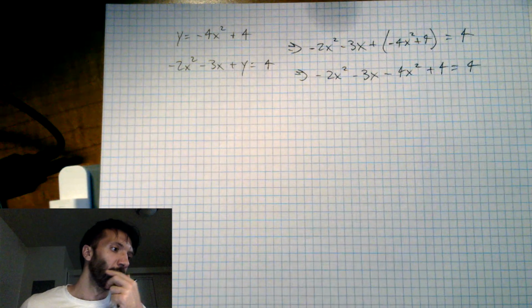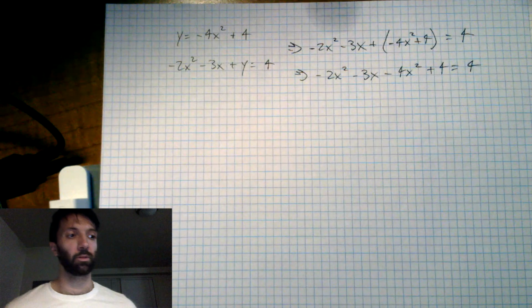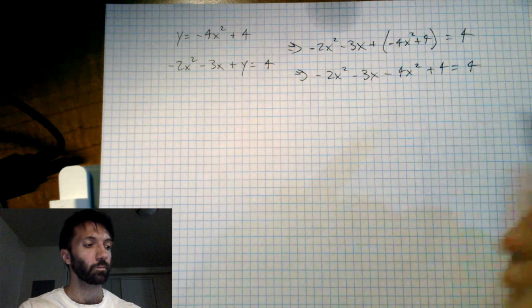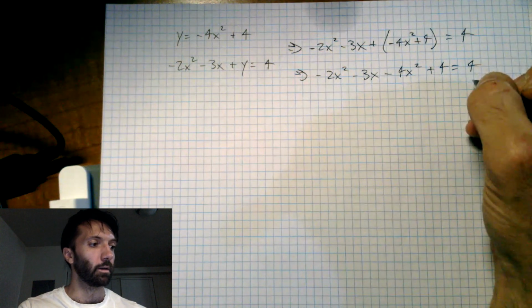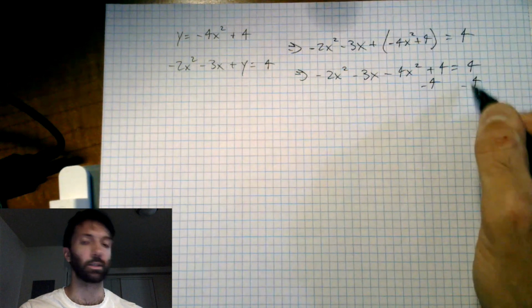All right, and now just like my last example, I'm going to get this into standard form. So I want everything on the one side. So I'm going to subtract 4 from both sides, so I can get this to equal 0.